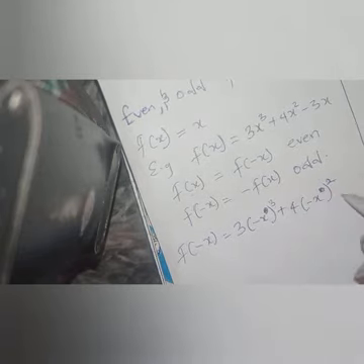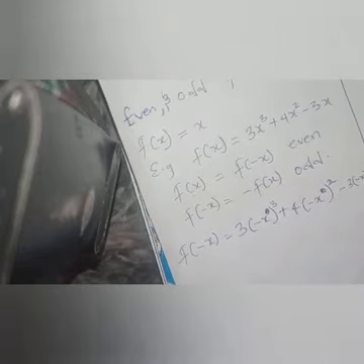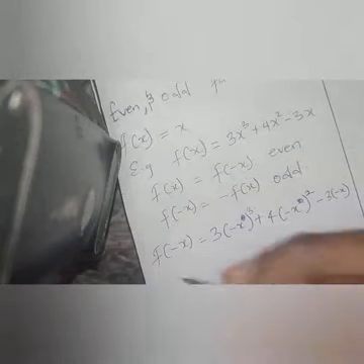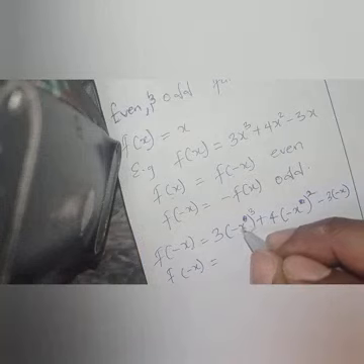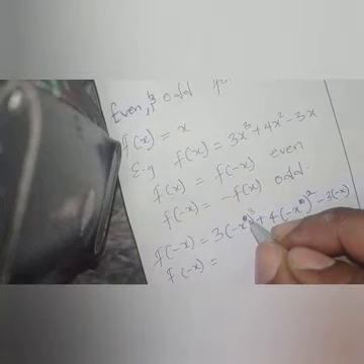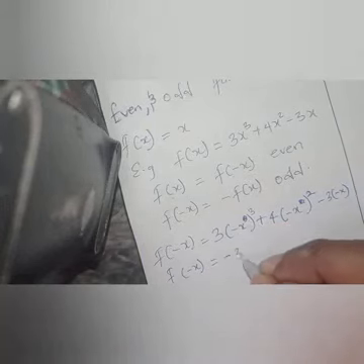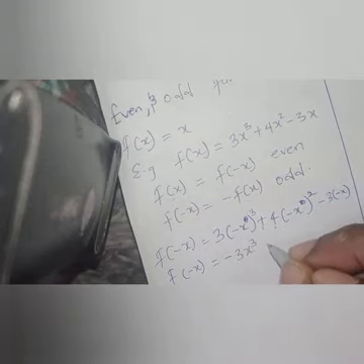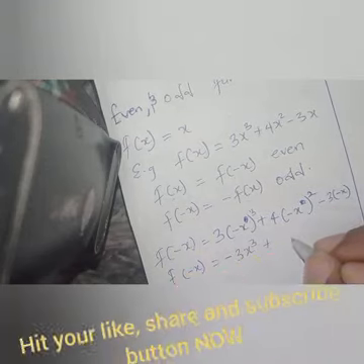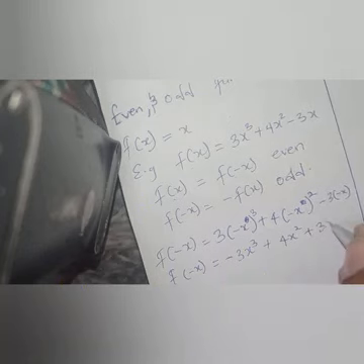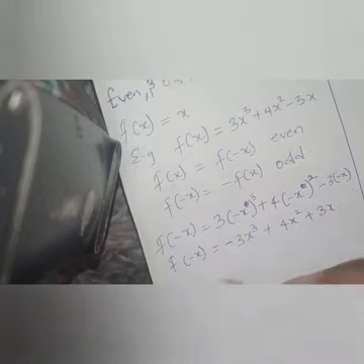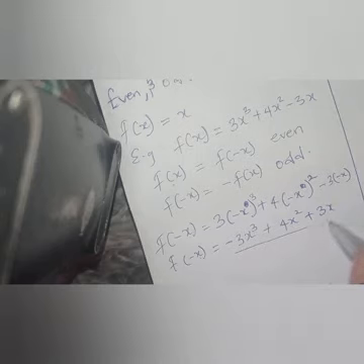And then minus 3 into minus x. So we now have that f of minus x is equal to minus x all raised to the power of 3 will give you minus 3x cubed, and then plus minus x all squared will give you x squared, so that would leave us with 4x squared, minus times minus would give us plus 3x. So f of minus x is minus 3x cubed plus 4x squared plus 3x.